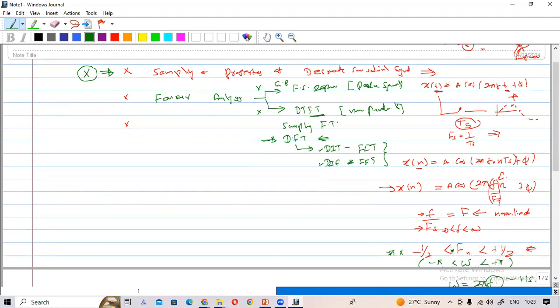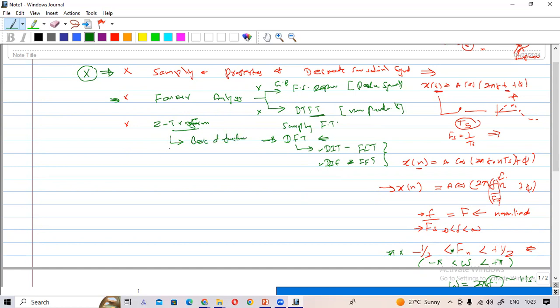Once we have completed Fourier analysis, we move to Z transform. The Z transform material will also definitely come to your final exam. Under Z transform, we have discussed the basic definition of the Z transform.